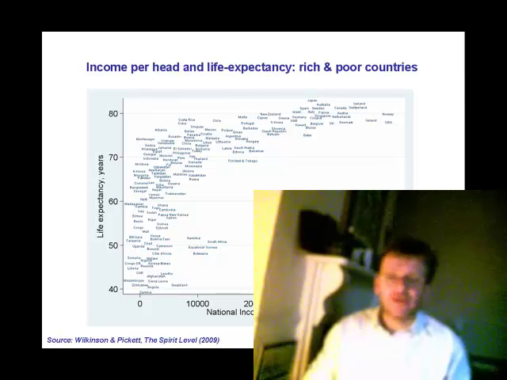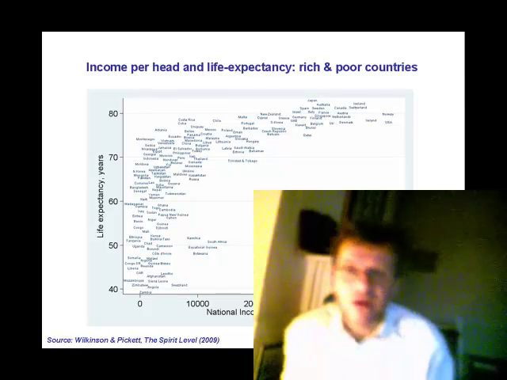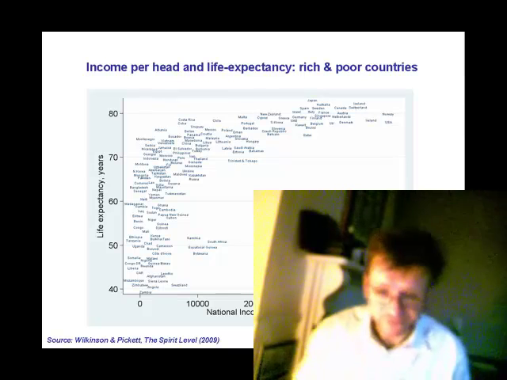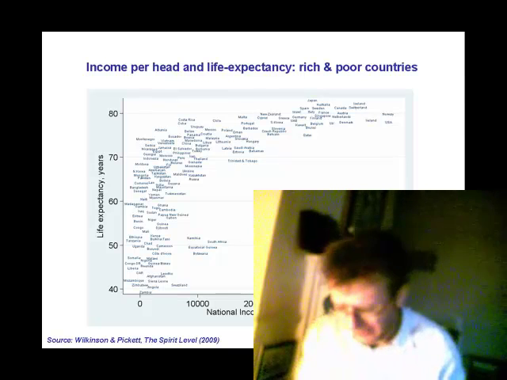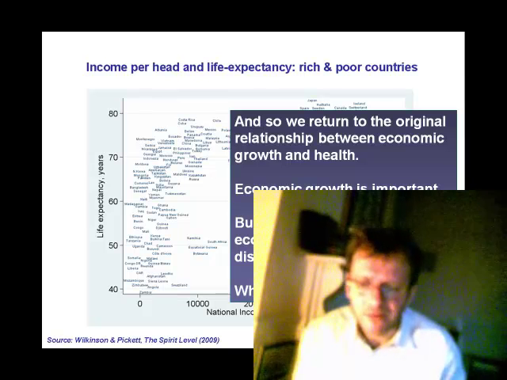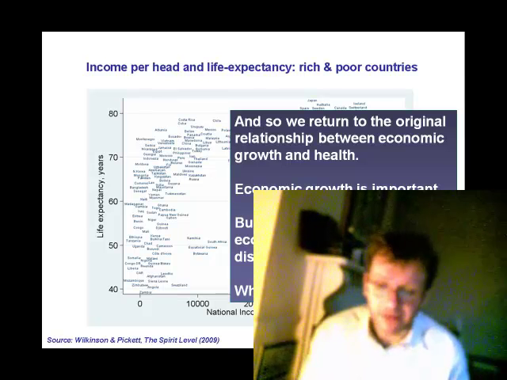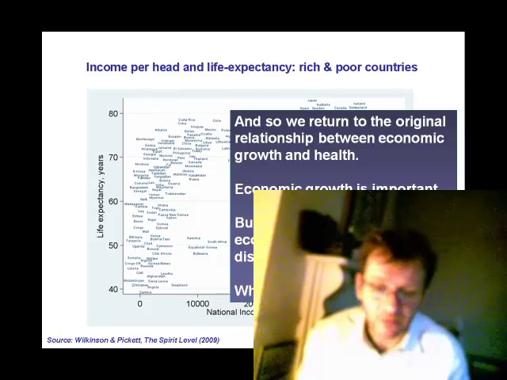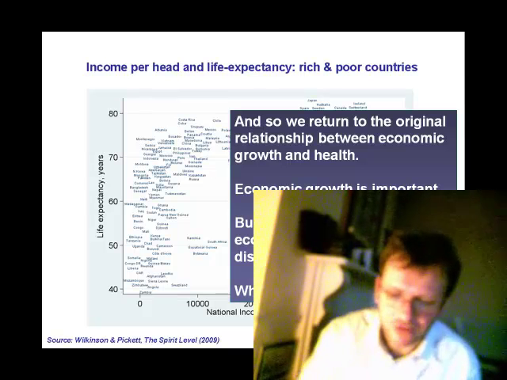We can end the lecture by returning to this diagram that we looked at the start, the relationship between income per head and life expectancy. And we can summarise what we've been talking about with 3 or 4 key points, really. We can summarise that economic growth is important to health, and this diagram clearly shows that.